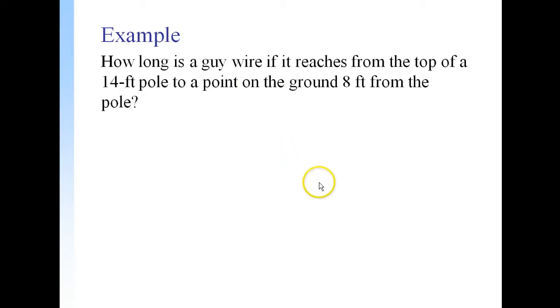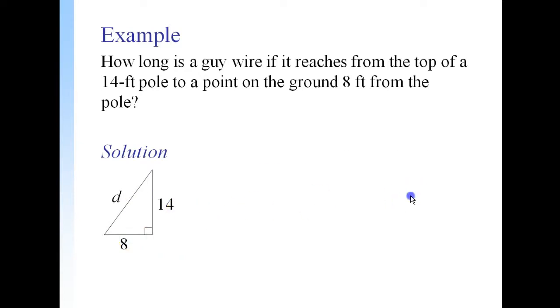Well, in something like this, I would strongly suggest you make a diagram. So we're wondering, what is the length of the hypotenuse? There's the 14-foot pole, and the guide line is 8 feet from there.